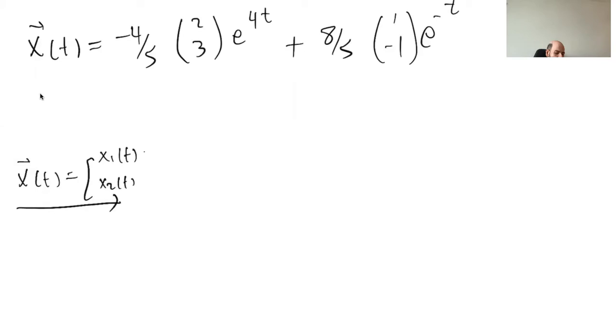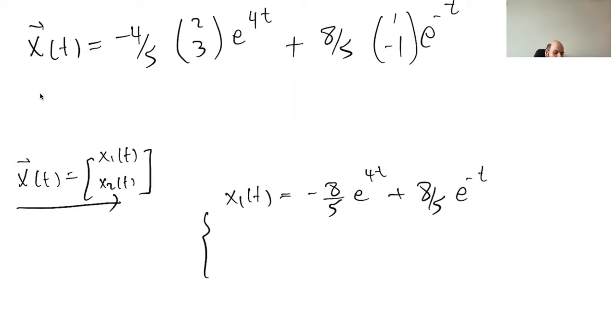Therefore we can write x1 of t equals -8 over 5 e to power 4t plus 8 over 5 e to power -t. And then x2 of t will be -12 over 5 e to power 4t minus 8 over 5 e to power -t.